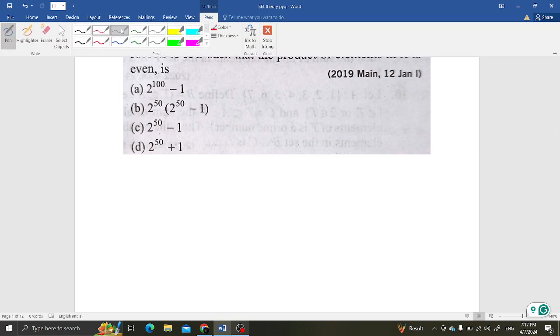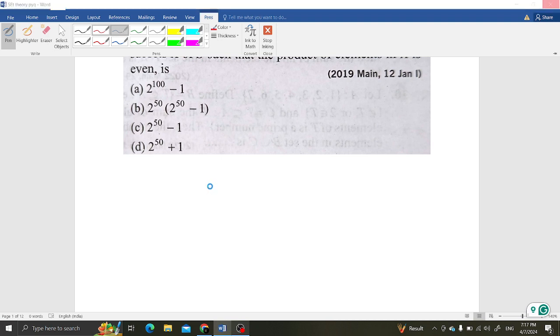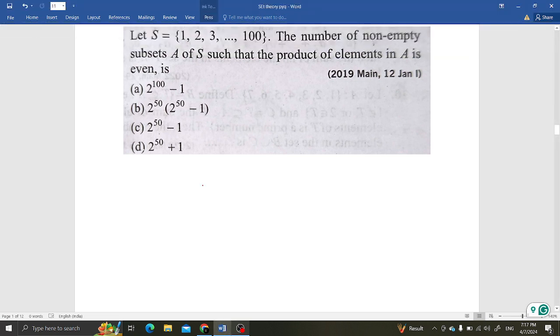What does it say? Here we have: let S equal 1, 2, 3 up to 100. The number of non-empty subsets A of S such that the product of the elements in A is even. What they are saying is that S contains these 100 elements, 1, 2, 3 up to 100.